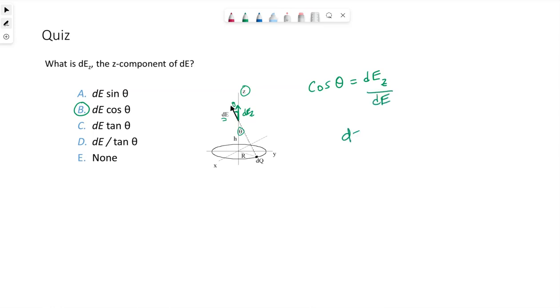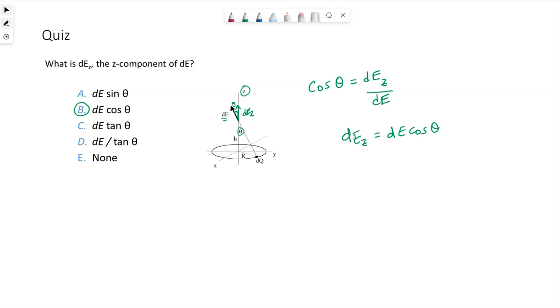And that's where this z component ends up being dE cosine theta. So this is going to be accounting for the r hat piece of our integral to account for direction.